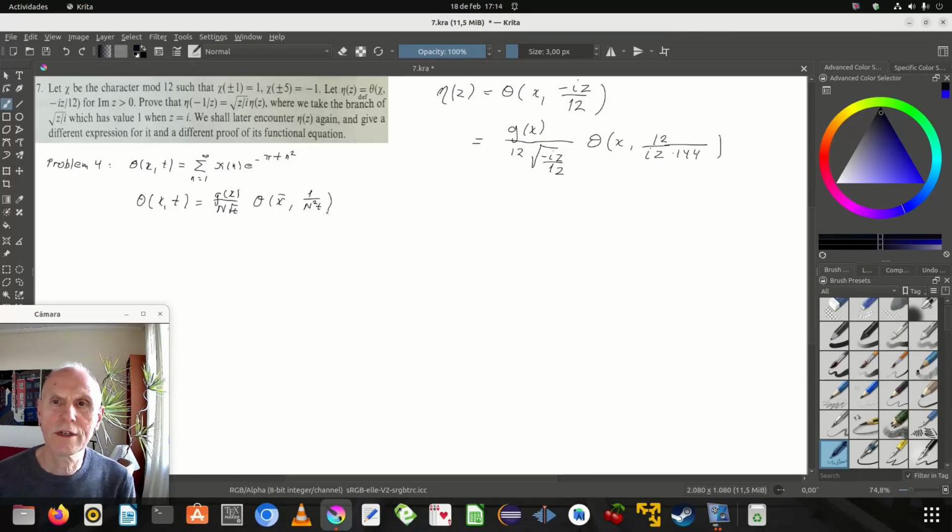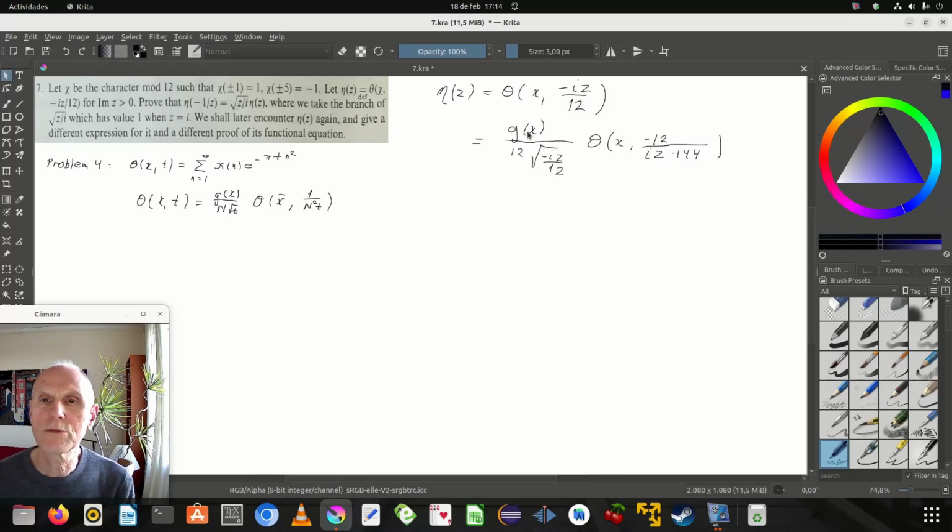Let's just check that. N squared, that's 144, and 1 divided by t, that's 12 divided by, oh yeah, minus I z. I already put it on top, but I write it at the bottom.